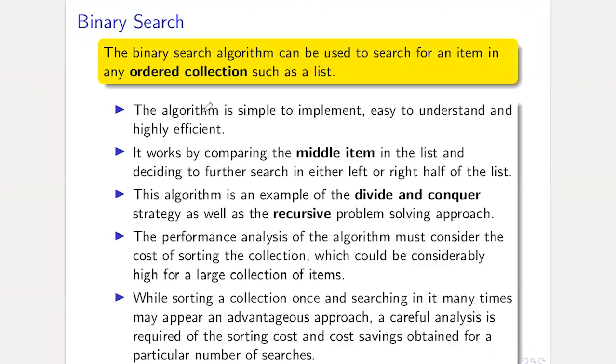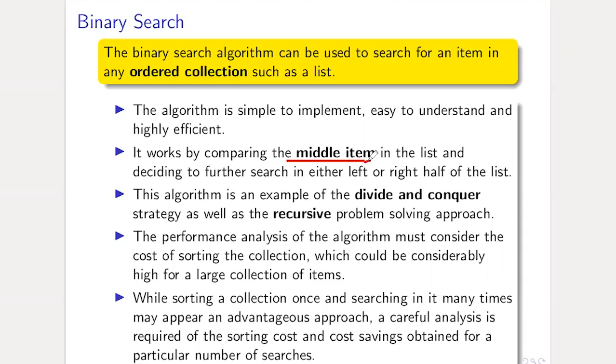So let's look at the working of the algorithm. It is again a very simple, easy to understand algorithm, and of course, unlike the sequential search, is highly efficient also. But again, I would remind you, this efficiency comes at a cost, that it needs an already sorted collection. The algorithm simply starts by checking if the middle item in the list is what you are looking for.